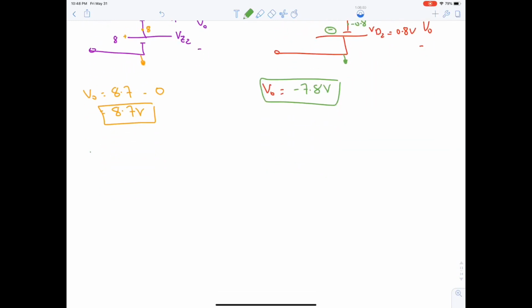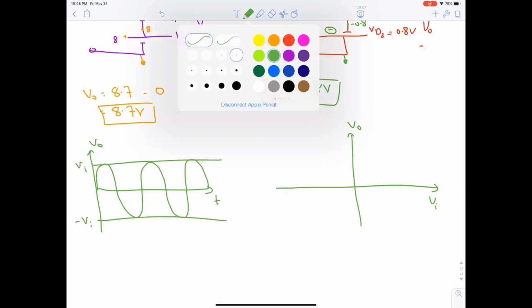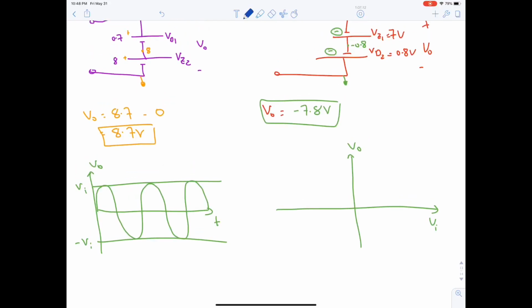Let's now draw it. V output with time and V output with V input. Here we're putting the reference, Vi and minus Vi. Okay. If Vi is positive, then the output is 8.7. It's DC, so we are cropping. And if Vi is negative, it's minus 7.8. We're cropping again.